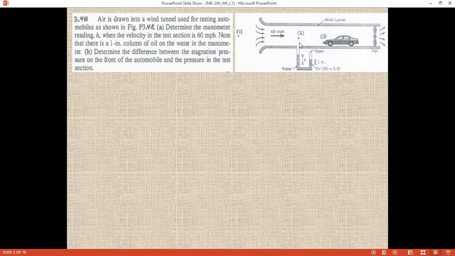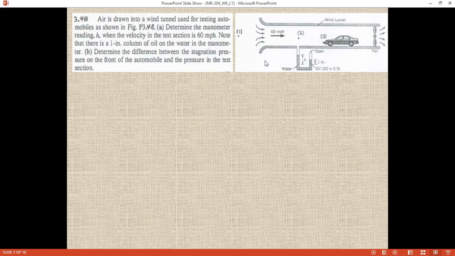This is our test section, and we assign point 2 exactly over the manometer section, because this is the point P2. This is equivalent to the pressure from the height of the column in the manometer, and point 3 is the stagnation point where we have to determine the pressure. So these 3 points we determine.